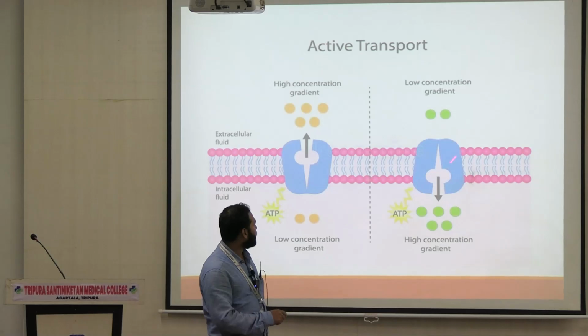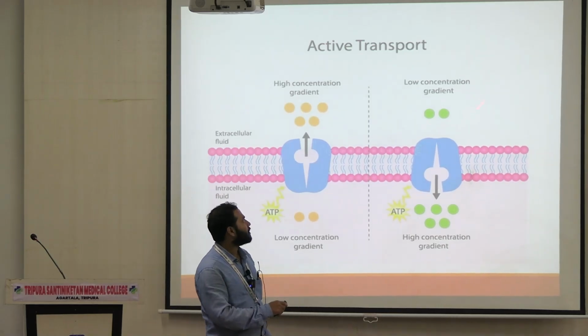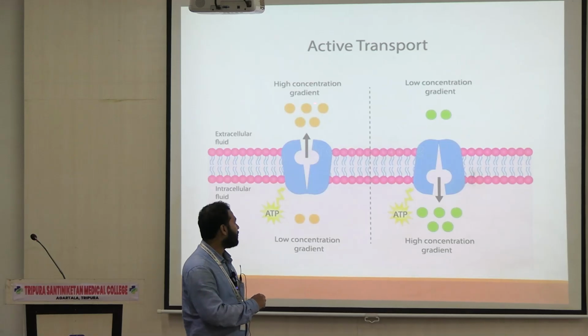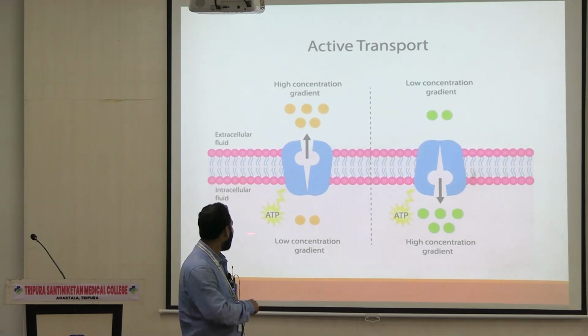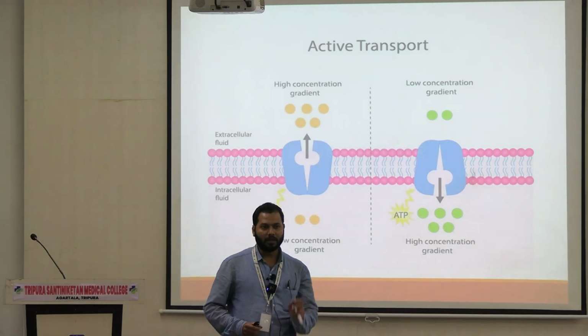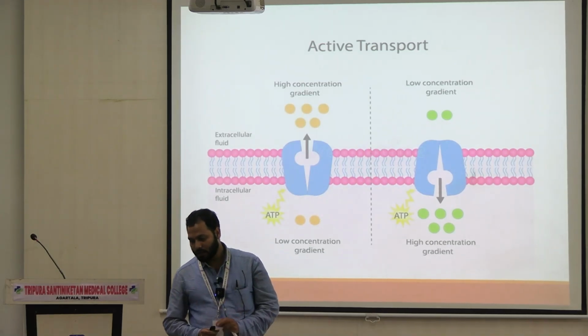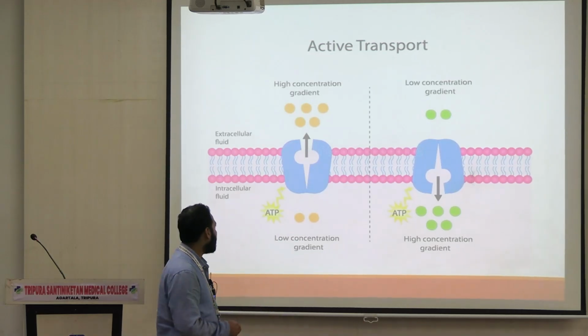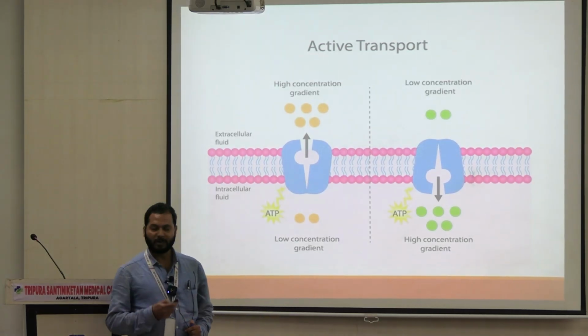Similarly, you can also see in this case, the concentration of those molecules is less in the extracellular phase, but they move towards the opposite side, that is the intracellular phase. So these are the general characteristic features of the active transport process. Now let me explain in detail.